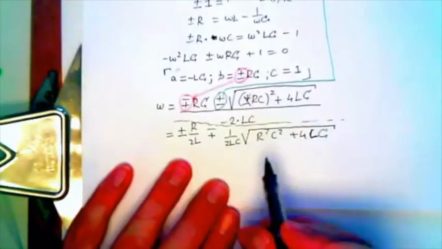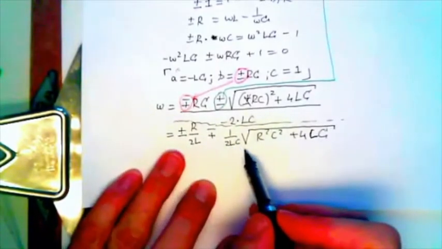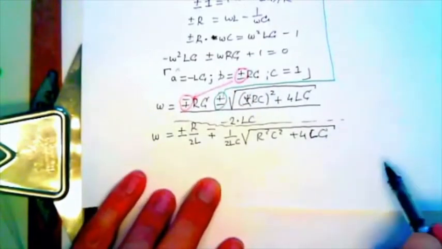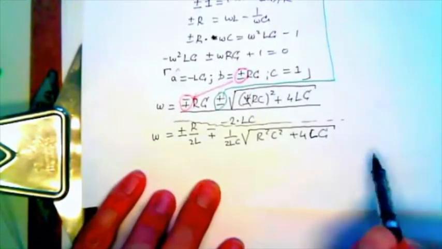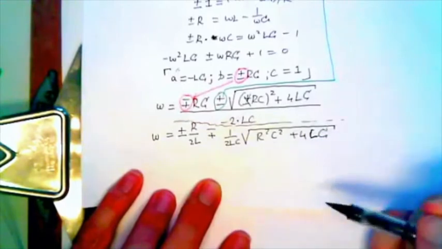Now, there we go. This is the equation that tells us for which frequencies this omega, this transfer function hits 1 over root 2, and that's what's going to tell us what the width is.